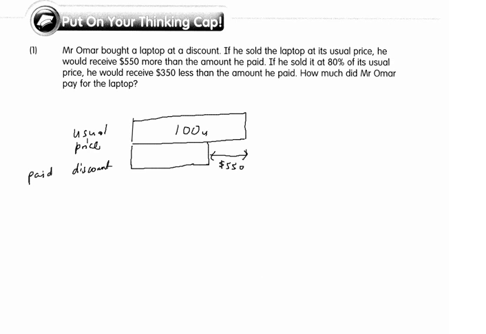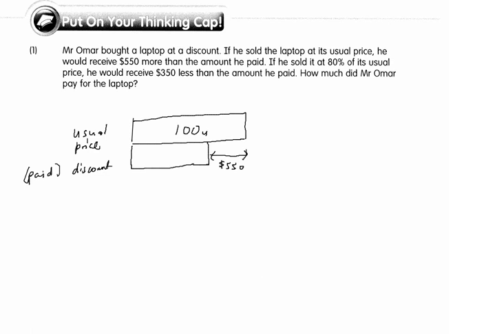He paid the discounted price. Correct? He would receive $350 less than the amount he paid. If he sold at 80% of his usual price, he will receive $350 less. Do you understand what this means or not?